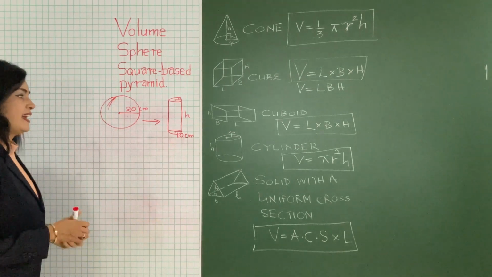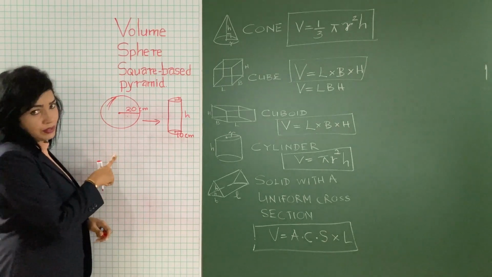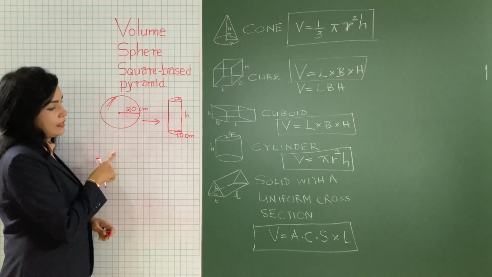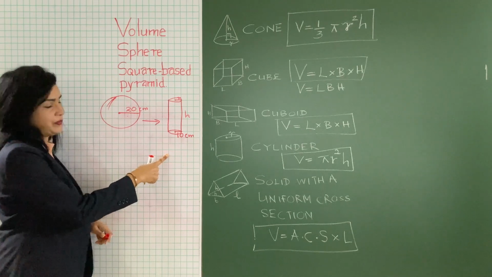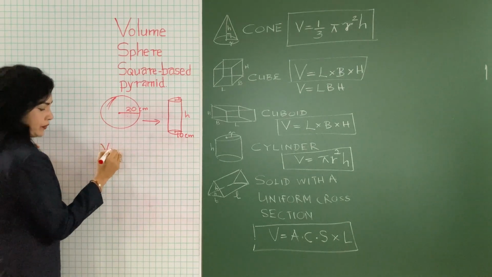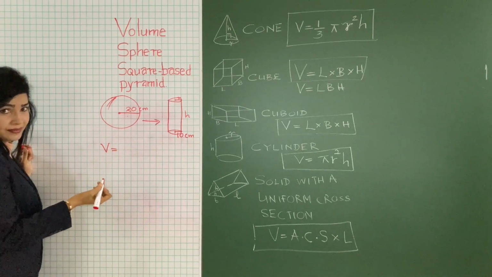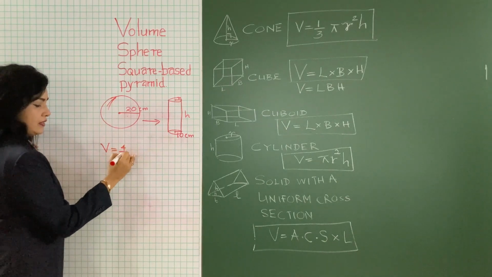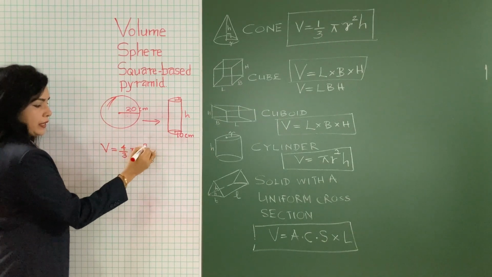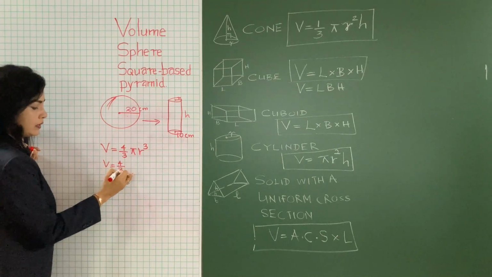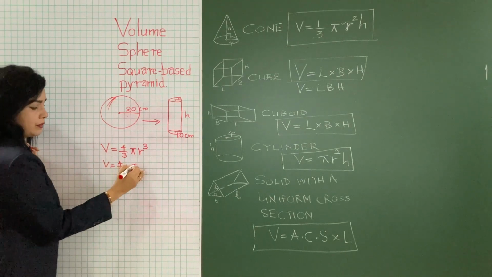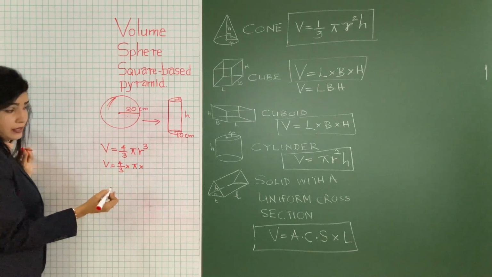Very good. Okay, let us find the sphere volume first. And that volume can be equalized to the cylinder volume. Volume of a sphere is equal to, very good, 4 over 3 pi r cube. So volume is equal to 4 over 3 into, what is the pi value? You can use the calculator, pi value.